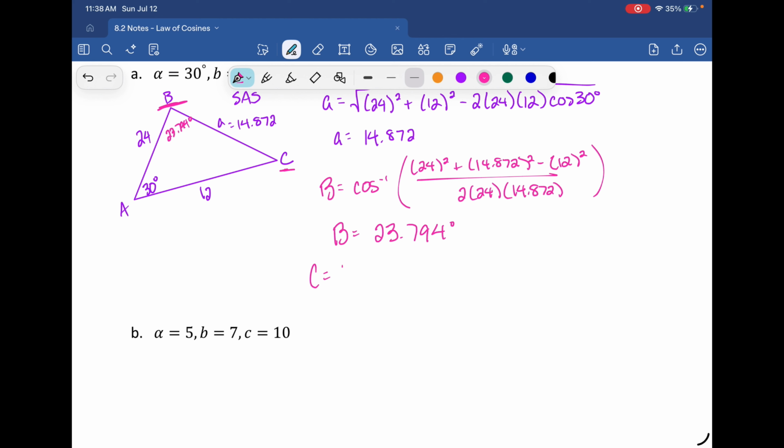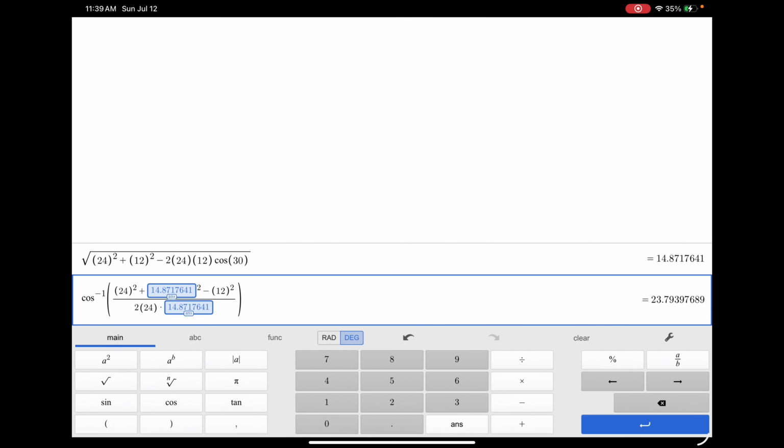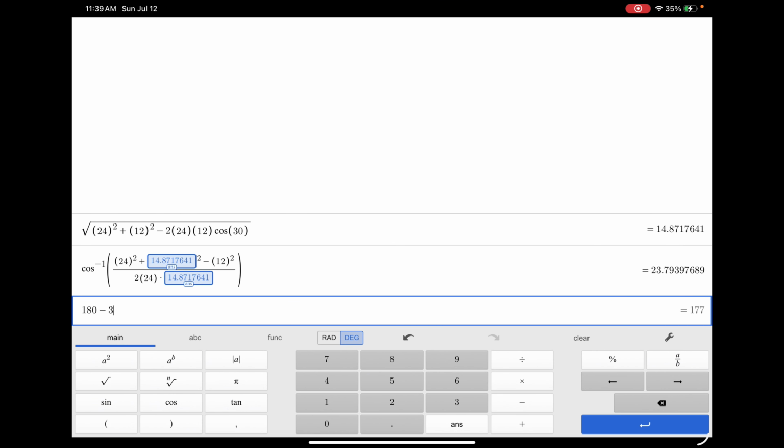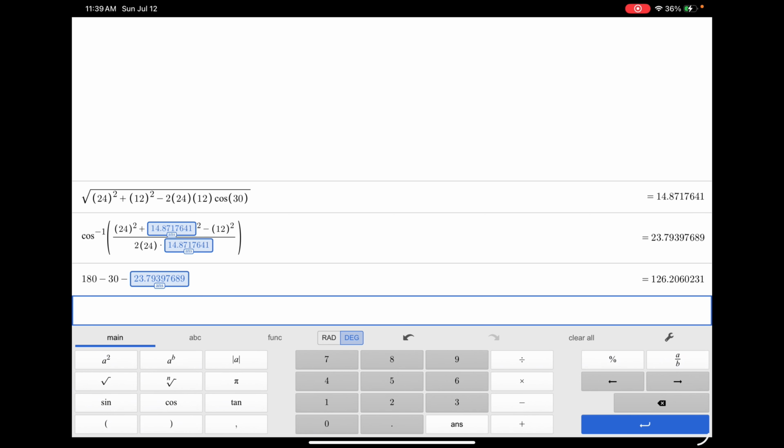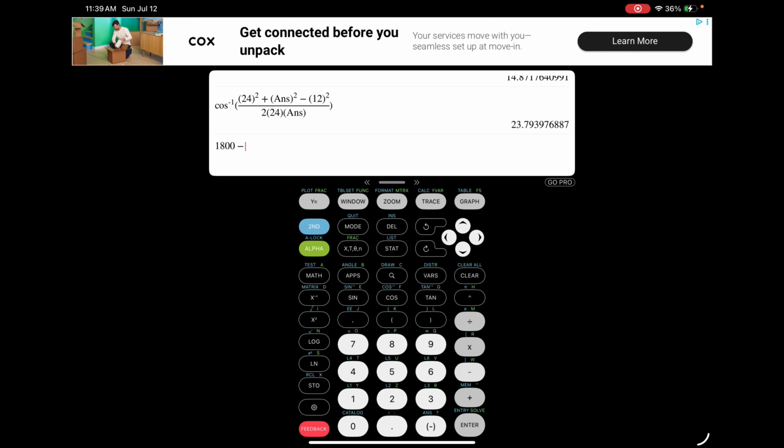So that'd be angle C equals 180 minus the 30 degrees minus the 23.794, which is 126.206. The same thing over here, 180, just so you see both versions, minus the angles, 126.206.